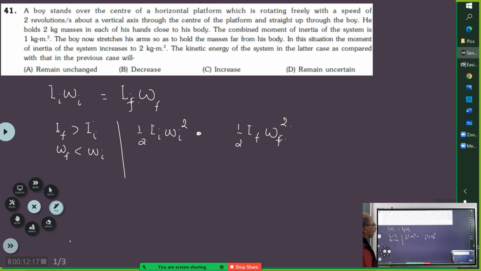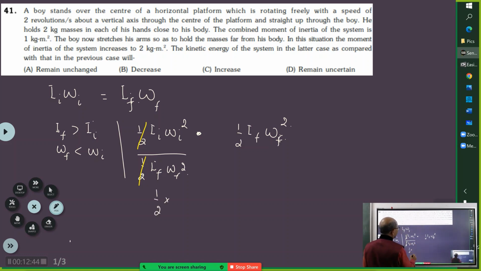They are asking whether the kinetic energy of the system will increase or decrease. So take the ratio of the two. The halves will cancel, and here you see I_i to I_f. I_f they have told is twice, so I_i to I_f you will get 1/2.